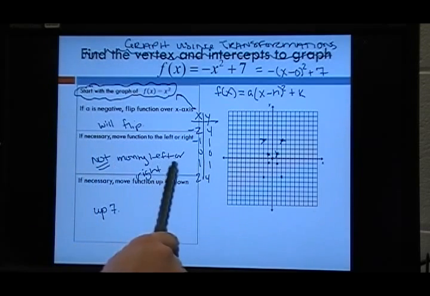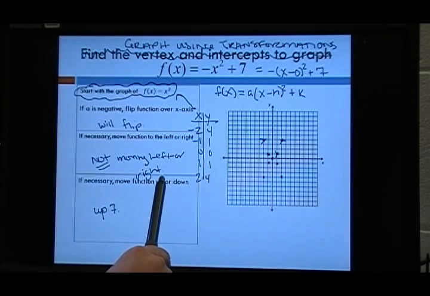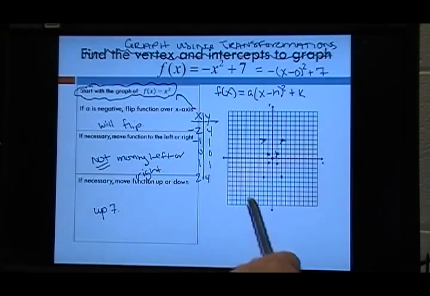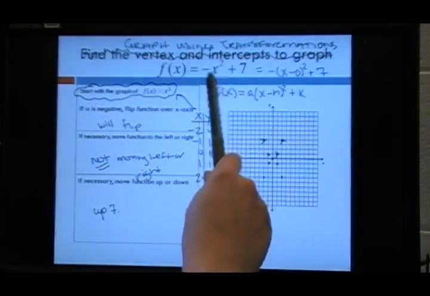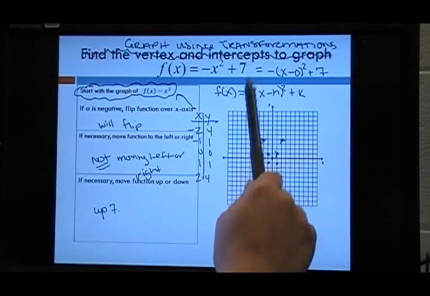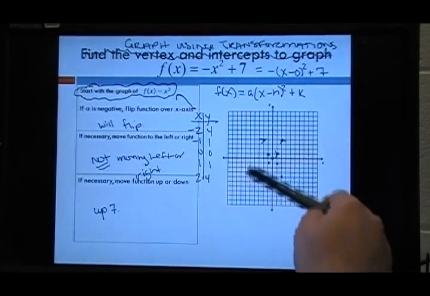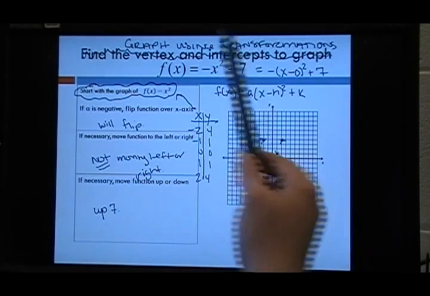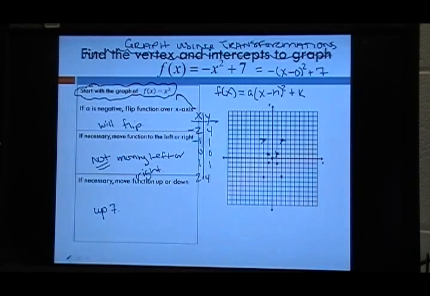And then we're not going to move those points left or to the right, but we are going to then shift up 7. So right now I have this downward facing parabola, which I expected from what I remember from the last chapter. If a is negative, my parabola should open down. So I'm going to now take these points and move all of them up 7.